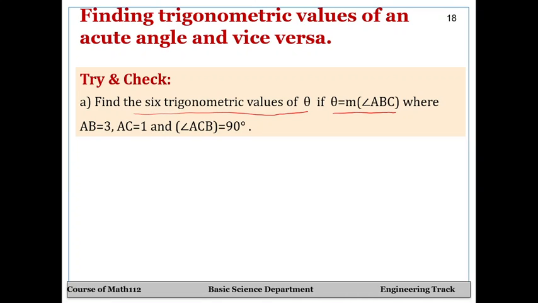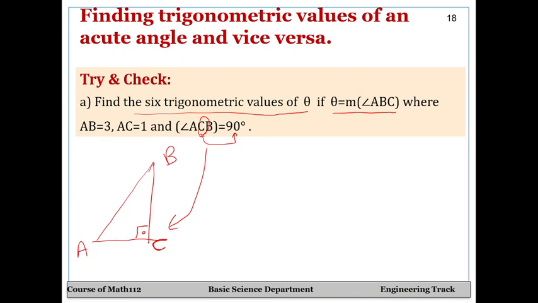Now, first we set up the right triangle. Here ACB is 90 degrees, so the C corner will be 90 degrees. You can write AB here as you wish, but C is important.